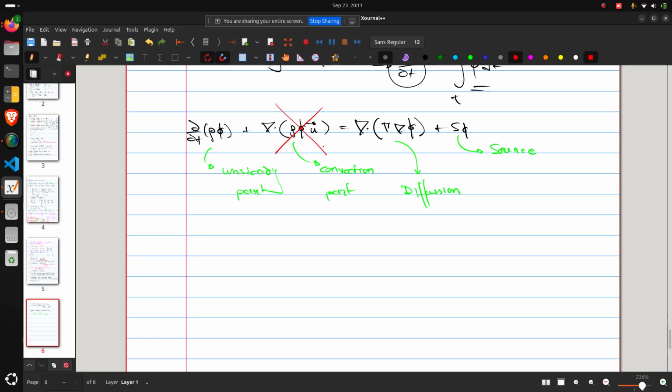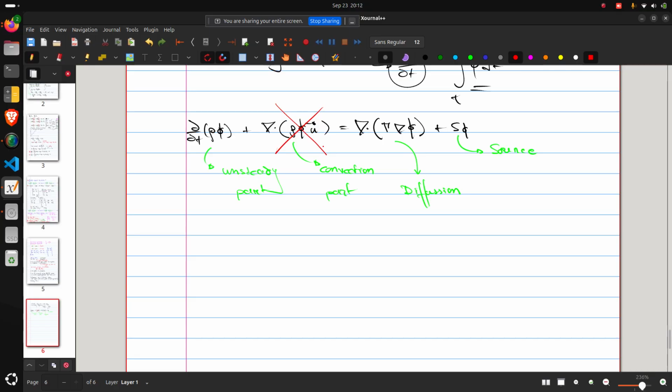We only focused on the diffusion and the unsteady part and how to deal with the source term, but now we will bring in the convective part, and then see how to discretize the governing equations in diffusion and convection dominated problems, right.